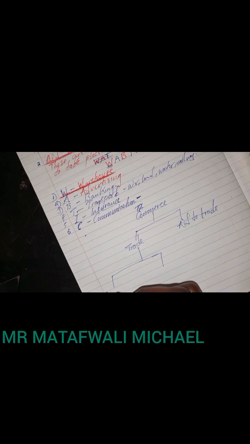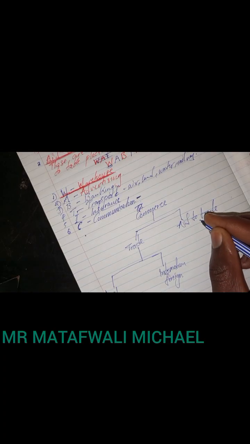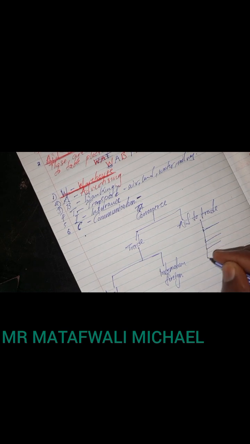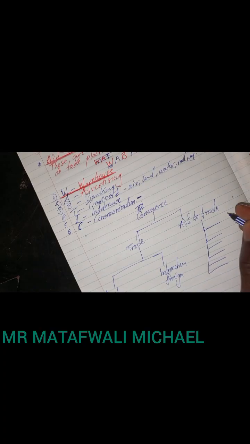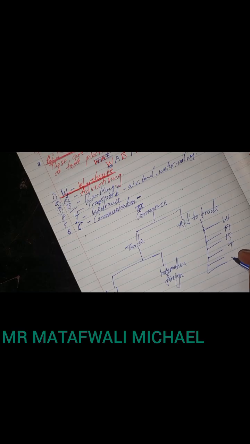It might be local trade or international trade. International might also be called foreign trade. Then here on aids to trade we have these: number 1, number 2, number 3, number 4, number 5, number 6.